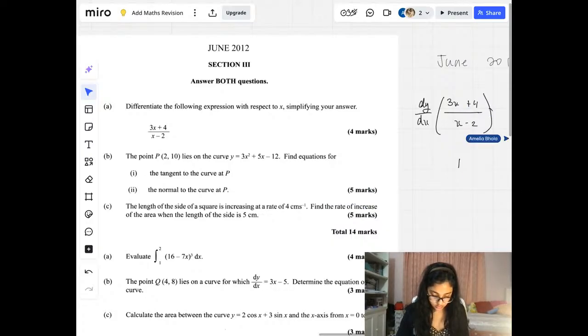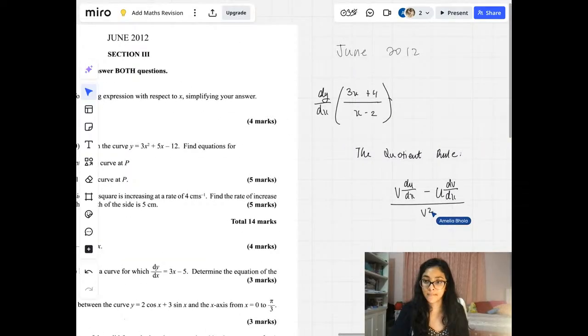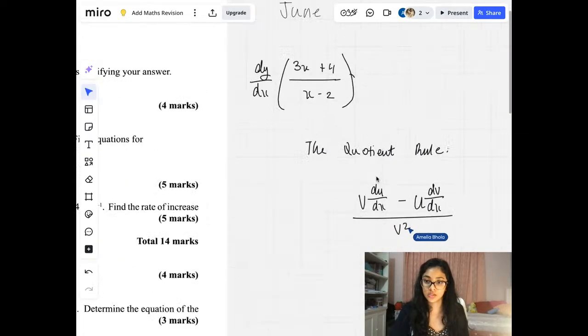So the quotient rule is basically v du dx minus u dv dx all over v squared. Sorry guys, I wasn't showing you on the screen.